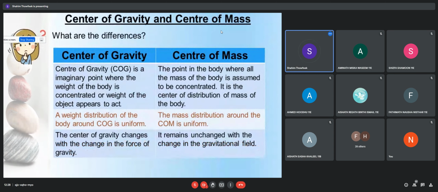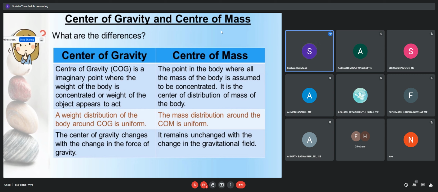Okay. Now we'll see the differences. When they ask the difference between the center of gravity and center of mass, in any question it can be difference between scalar quantities and vector quantities. First of all, try to define both quantities.